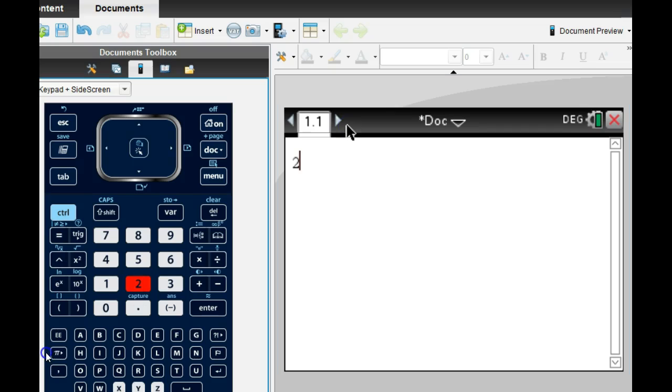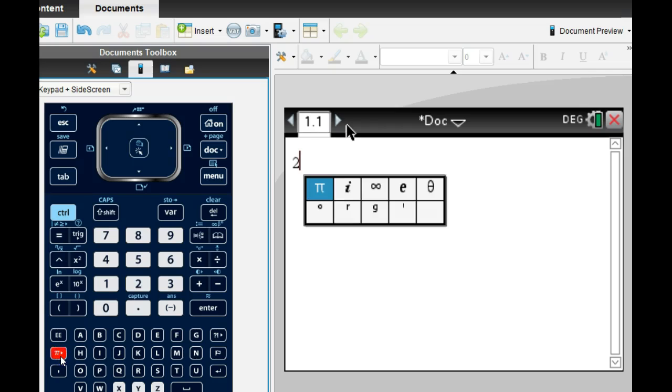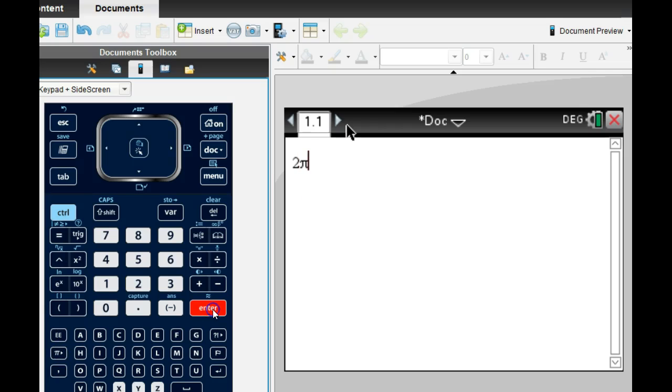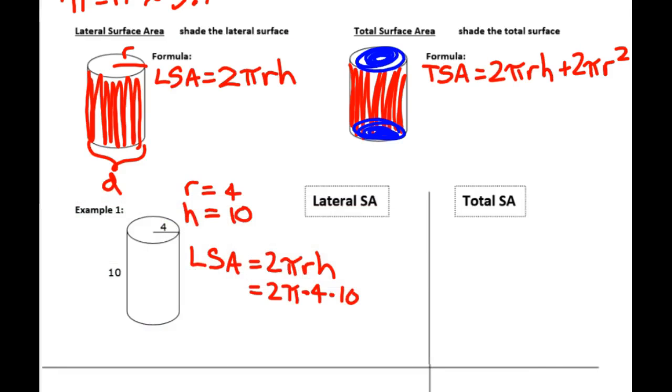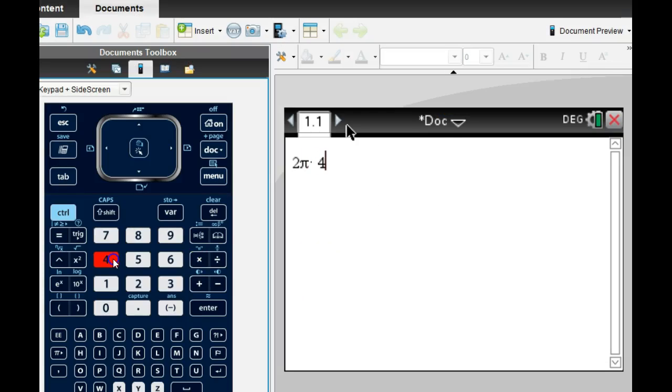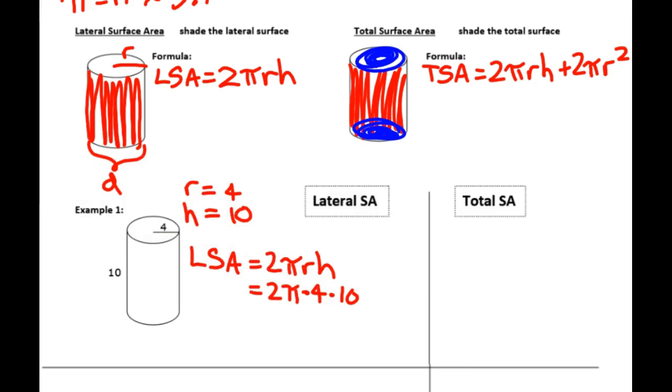Pi is down here, second from the bottom, right? So 2 pi, make sure you press enter. Everyone's doing this? 2 times pi times 4 times 10. And we get 251.33. We're going to round, okay? So 251.33 units squared is my lateral surface area.